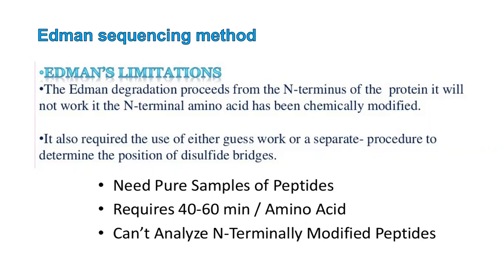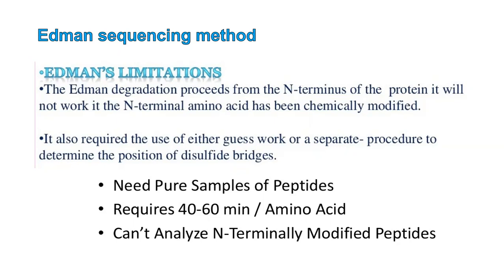Then we need pure samples of proteins. Maybe we don't need as much protein as we need for Sanger's reaction. Still, we need purity of samples. Then reading can be done only up to around 40 to 50 amino acids. So again, we will have to make use of some other methods to chop down the bigger protein molecules so that the Edman reaction can be used for analyzing this.